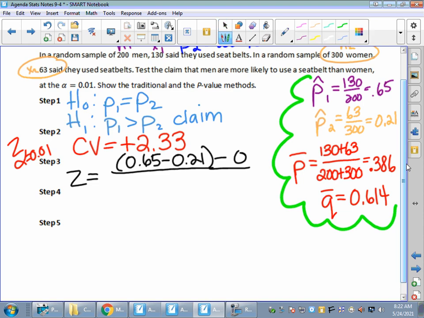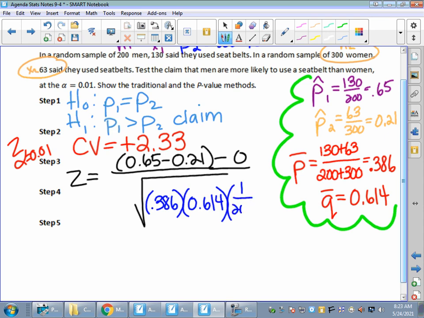In the denominator, I've got myself a nice giant square root, and it's going to be p bar times q bar. Well, p bar was 0.386, q bar was 0.614, times 1 over the first sample size, 200, plus 1 over the second sample size, 300.